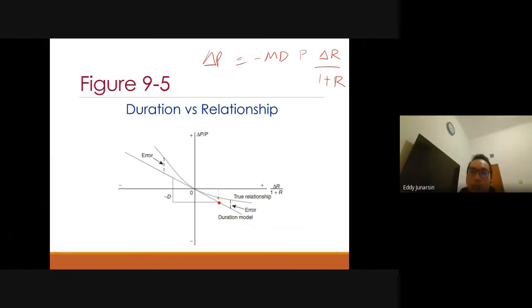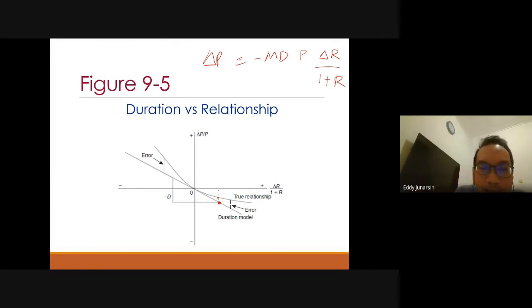So it's worse than it should be. That's what I'm trying to say. So based on the duration method, the decline in asset price because of an increasing interest rate is more severe than it should be based on the manual calculation.